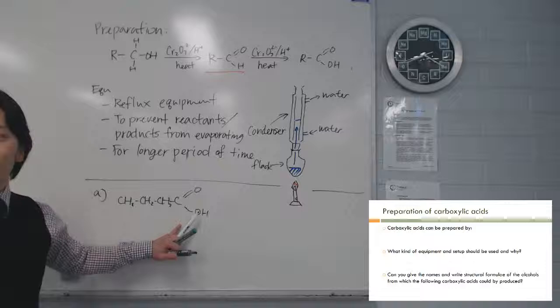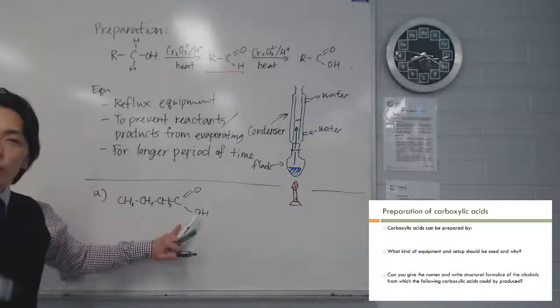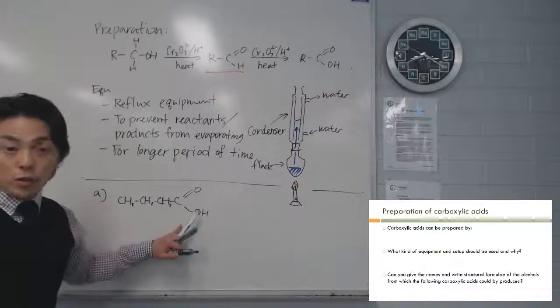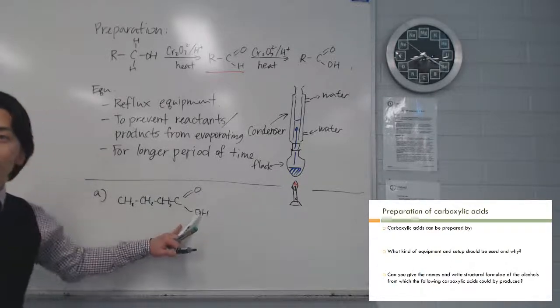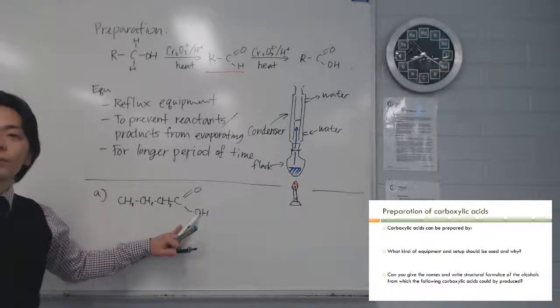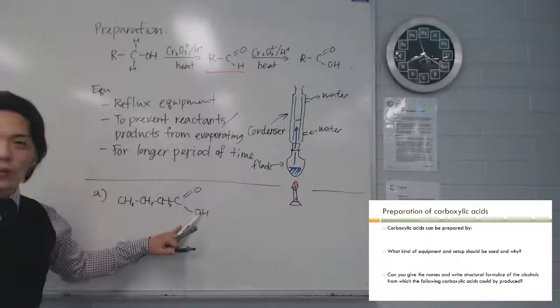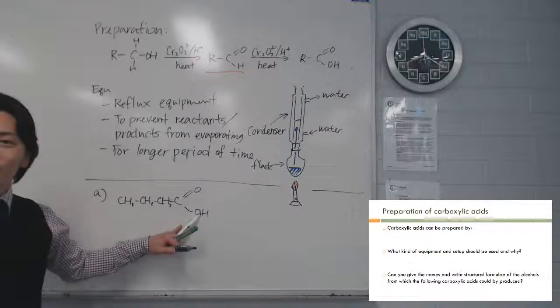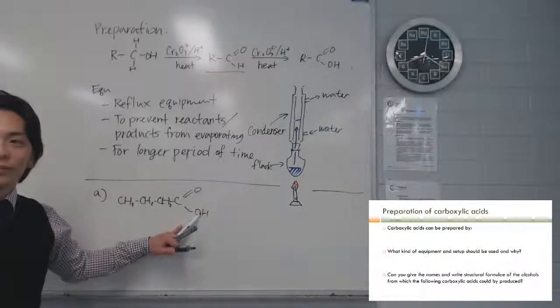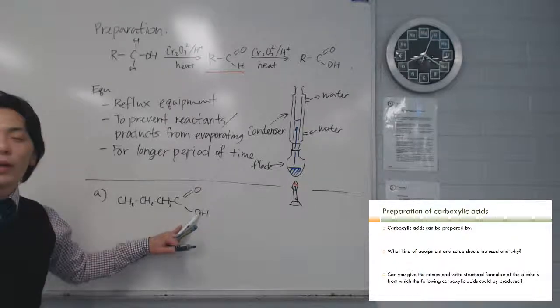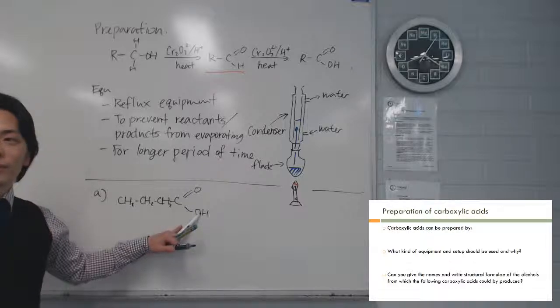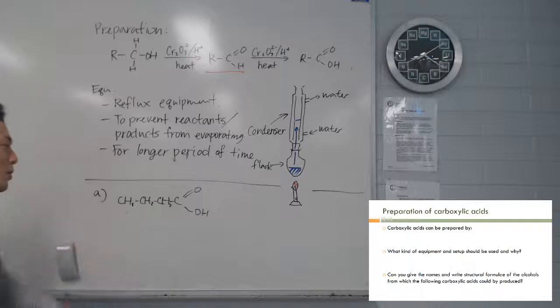Butanal. Yeah. For you to make butanal or butanoic acid, what alcohol was used? Do we still have 4 carbons? Yes, you should. Needs to be primary as well. And you still have 4 carbons.